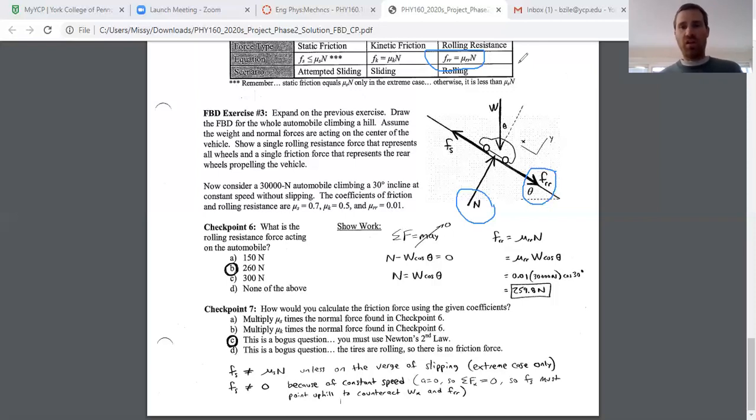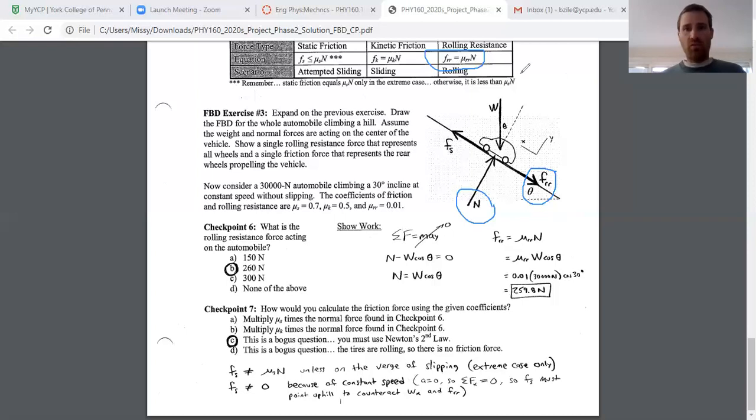Normal force is calculated the way you normally would. Never assume that it's equal to weight force. In fact, in this case, it's not. Always get that from Newton's second law. So yeah, again, to summarize, rolling resistance always opposes the motion, and the magnitude is calculated from here.